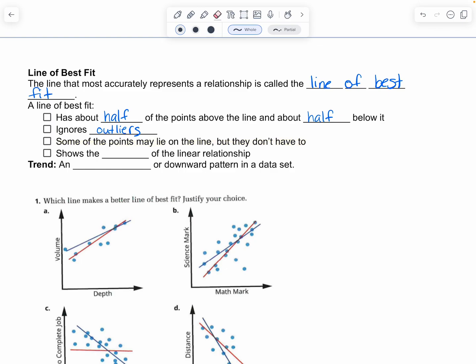You're trying to get about half above and half below, and show the trend of the linear relationship. The trend is basically an upward or downward pattern in a data set.